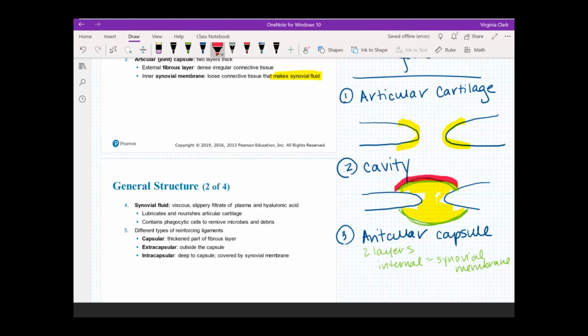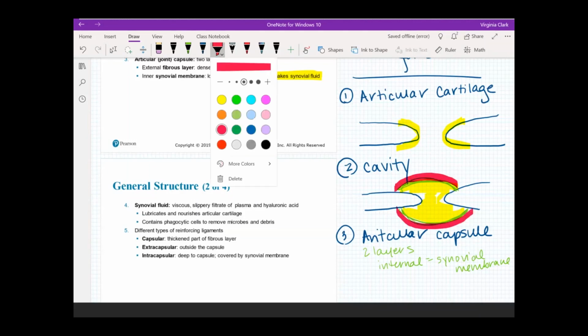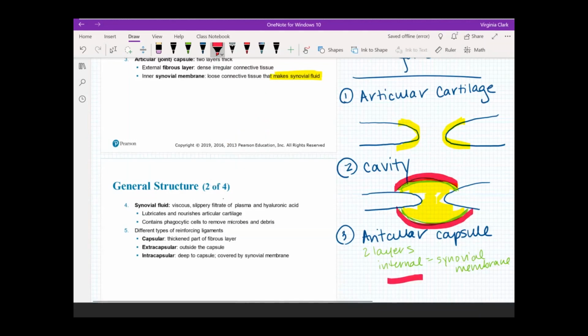So there will be this outside layer to this capsule. The external is going to be highlighted as the red, and this is going to be connective tissue. Essentially, it's a dense, irregular connective tissue, which does not allow for tension, which does not allow for twisting, which is really good for maintaining the integrity and the structure.